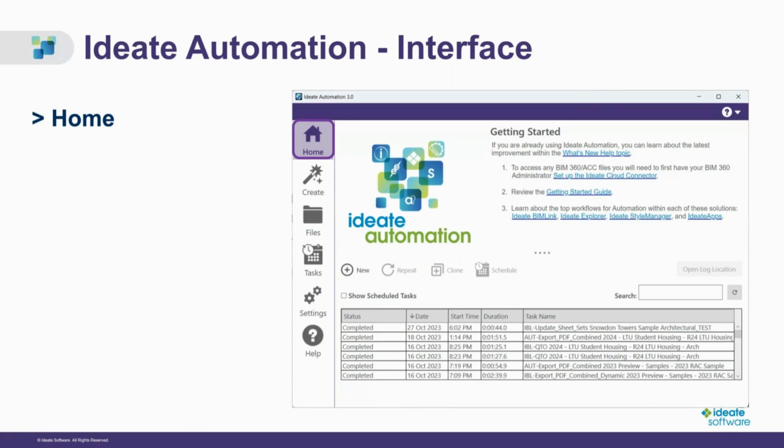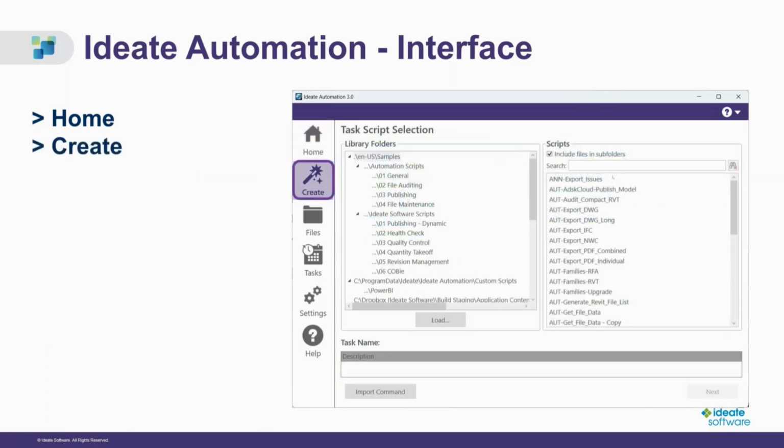And there's one additional piece that you will need to install for access to Autodesk cloud-based files. And then we move on to create. I like to think of this as your menu of tasks to choose from. Like, you've got entrees and sides and desserts, like if you were in a restaurant. And that's going to be kind of the time where you spend the most finding the appropriate task for you.